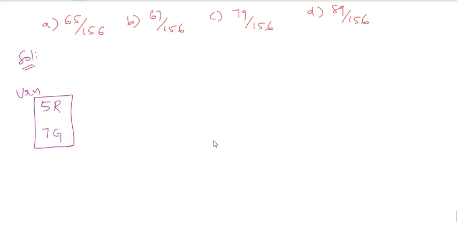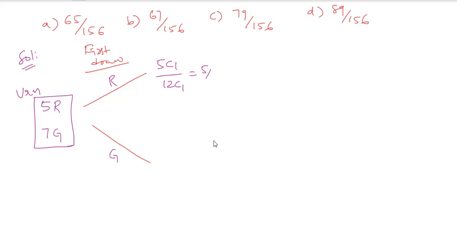Total 12 balls will be there. If the first ball is red, it is 5C1 divided by 12C1, which is 5 divided by 12. If it is a green ball, it is 7C1 by 12C1, which is 7 divided by 12.